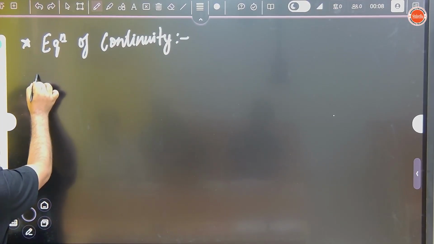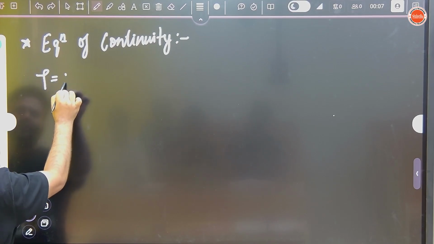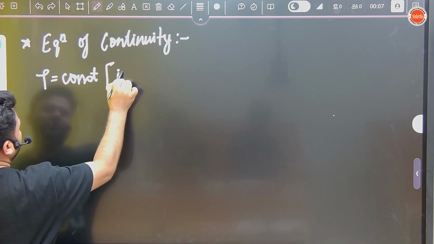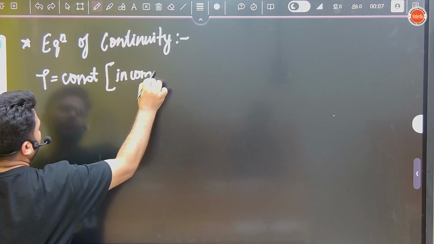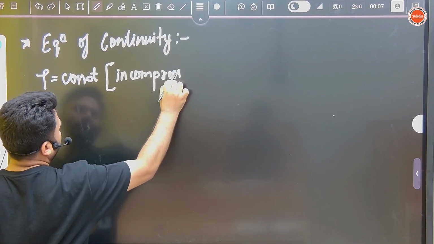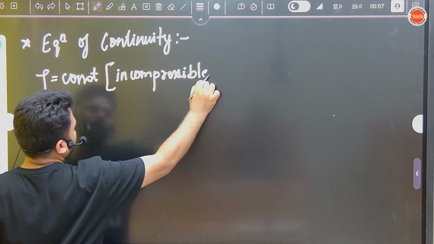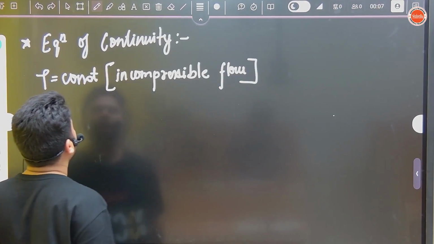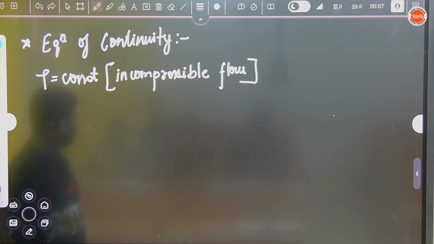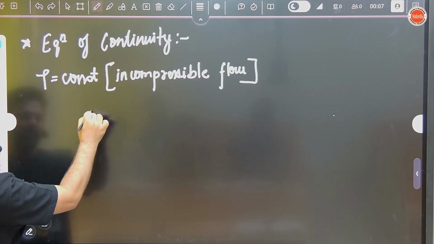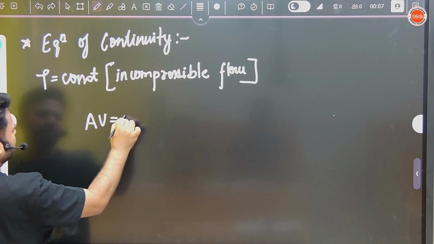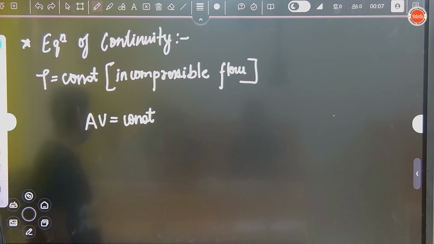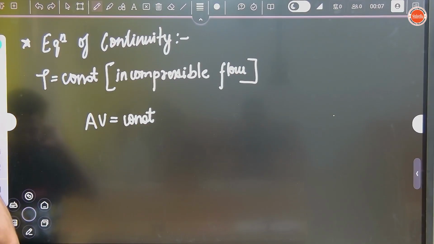It says that if the density of the fluid is constant, density constant means we call it an incompressible fluid. What is the equation of continuity? If density is constant, then area into velocity should be constant.